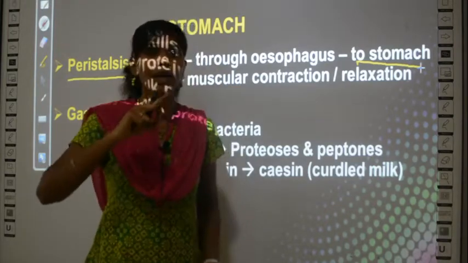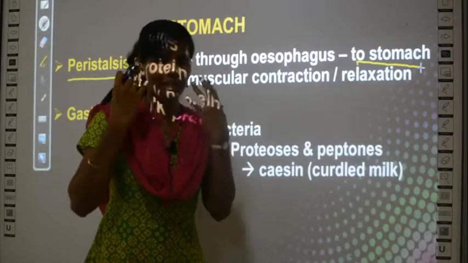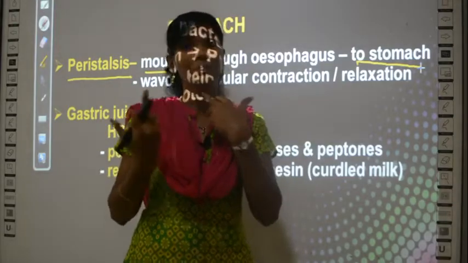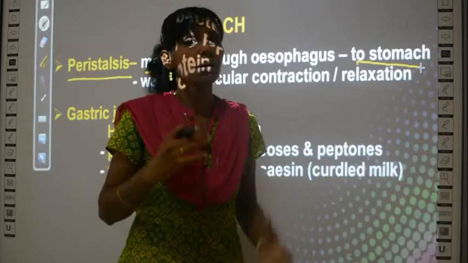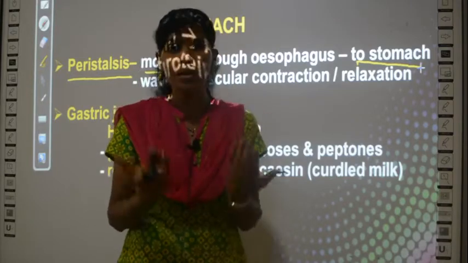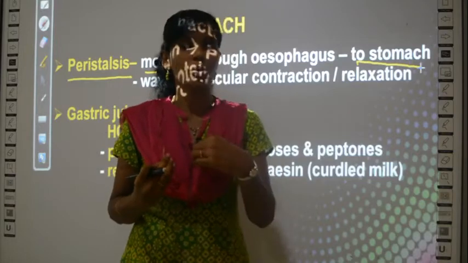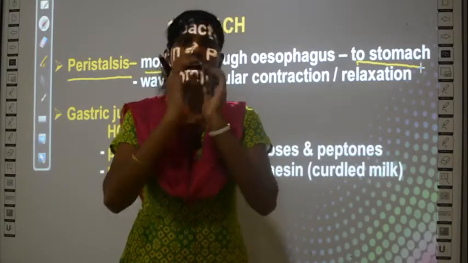By wave-like motion. You may think, where is the wave? We don't see waves in the throat, but it is a mild wave-like motion. You have muscles throughout your body, and the muscles of your digestive tract will contract and relax.